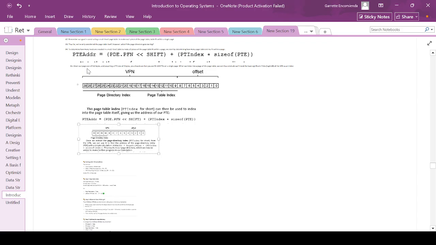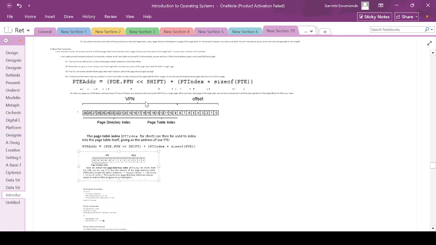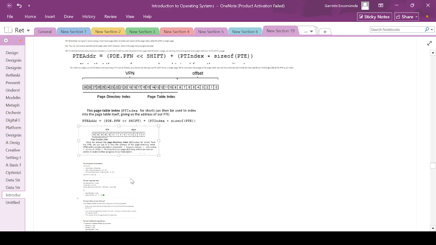Again, given 512 bytes and assuming a PTE size of 4 bytes, you can fit 128 PTEs on a single page. When we index into a page of the page table, we'll need the least significant 7 bits, or log2(128), as the index.